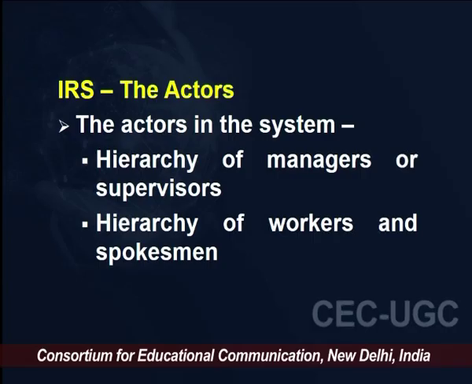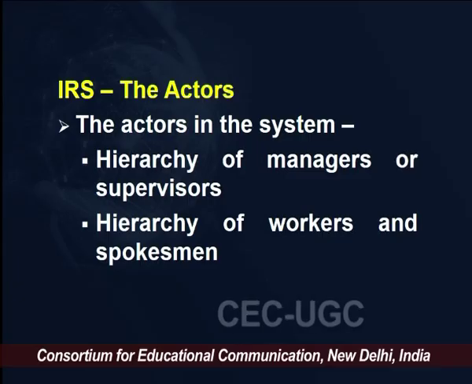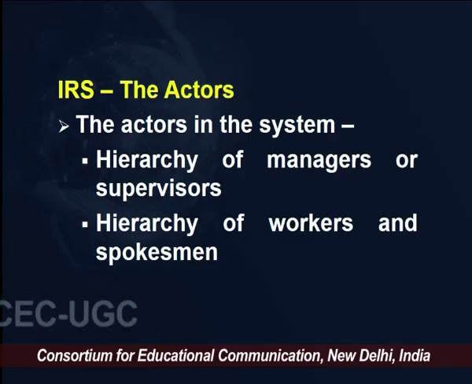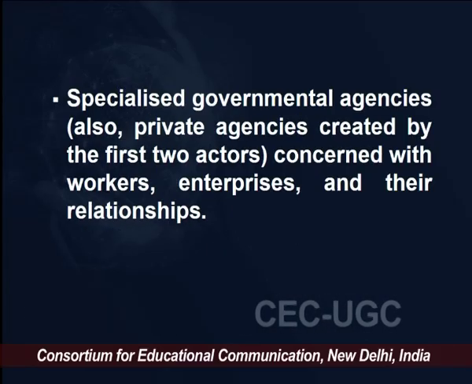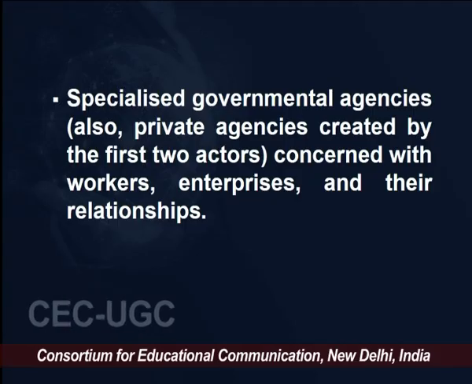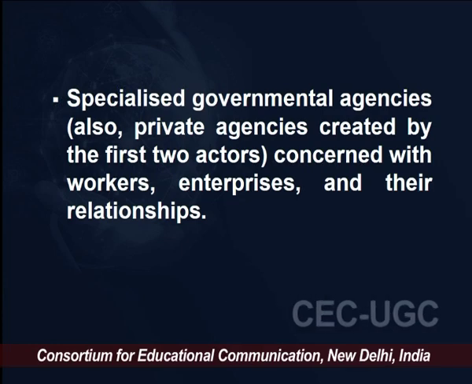As we said, the main actors are the workers and the owners or managers. So, specifically it includes the actors in the system, which are the hierarchy of managers or supervisors, the hierarchy of workers and their spokesmen if any, then specialized governmental agencies, like private agencies created by the first 2 actors, concerned with workers, enterprises and their relationships.